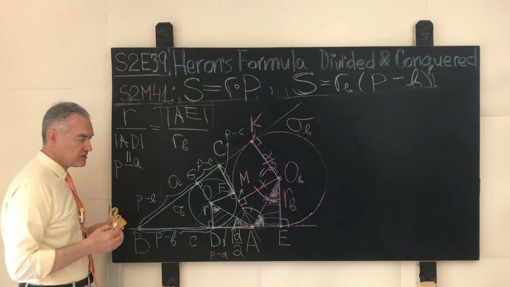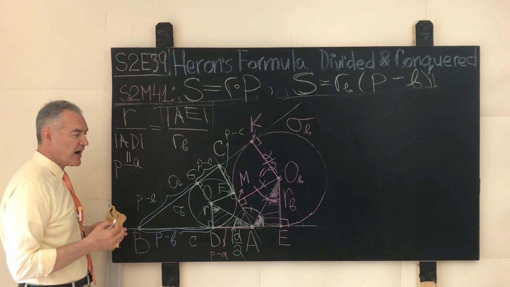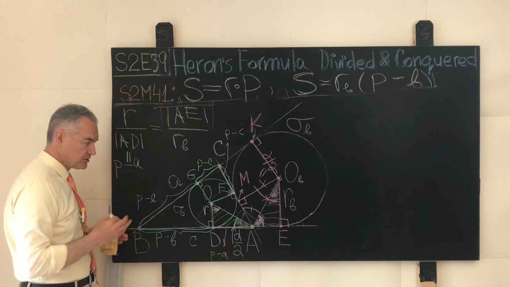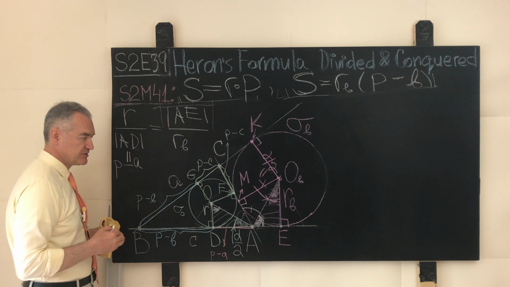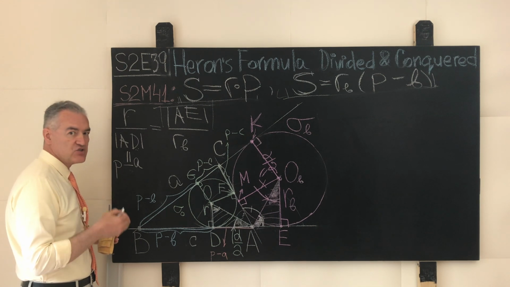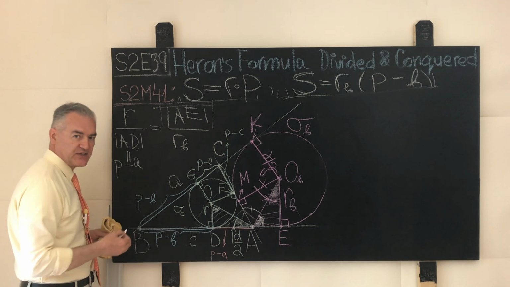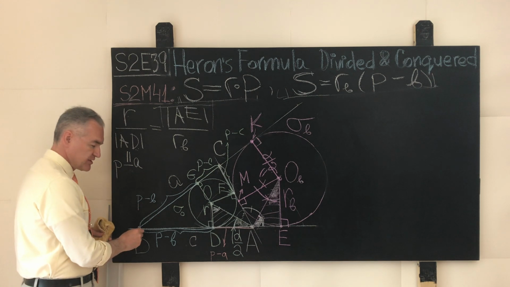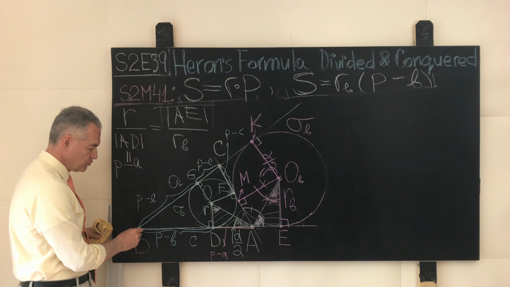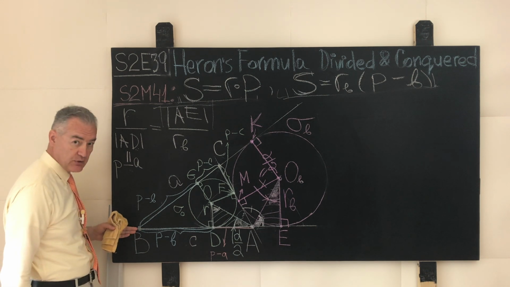What is the tactical fodder for our deduction? The tactical material for our deduction is the following, exactly the same idea. The lengths of the tangent segments drawn to one and the same fixed circle through one and the same fixed point in the plane are one and the same. Here we look at the point B, concentrate on the point B over here.